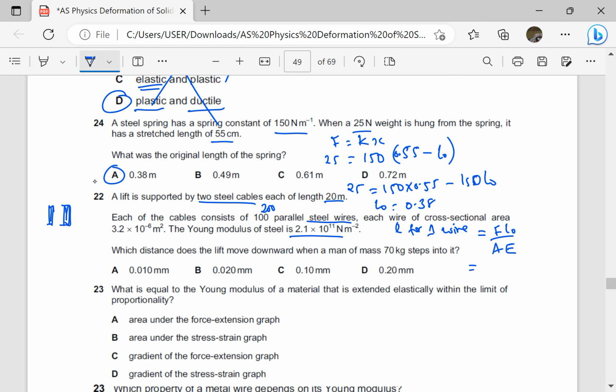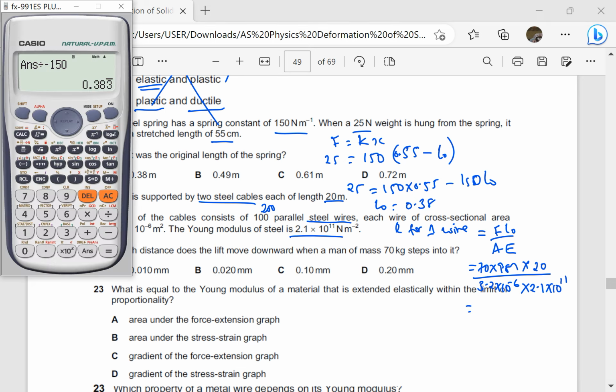What's the load? The load is mass 70 times 9.81. Original length of one wire is 20 meters. Divide by the cross-sectional area, which is 3.2 times 10 power negative 6, then times the Young modulus, which is 2.1 times 10 power 11.